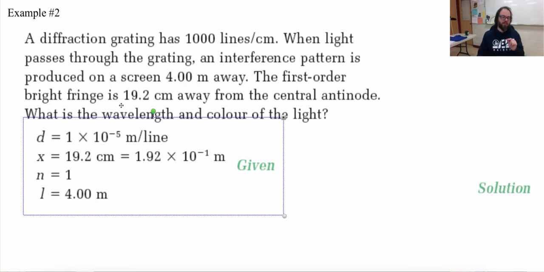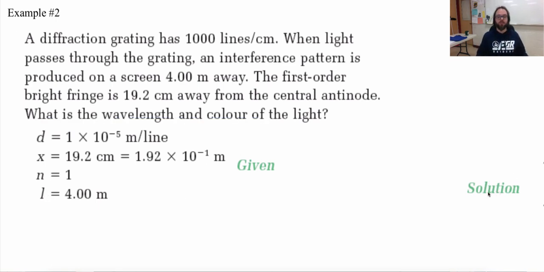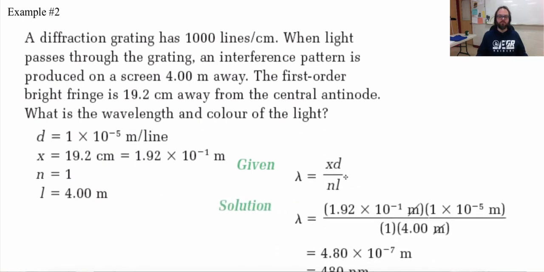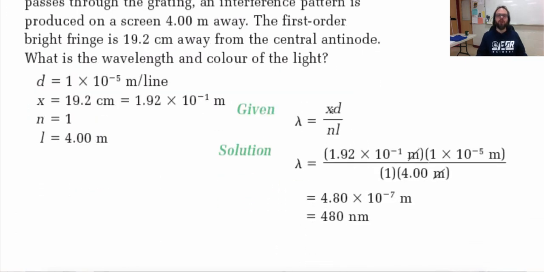Okay, from the bright central node to my first antinode. And we're looking at my first antinode because it's the first bright, and we know my length from screens is going to be 4 meters. So now we plug these all in using this formula, and we end up getting a total of 480 nanometers, because times 10 to the -7, and we just convert that to nanometers.